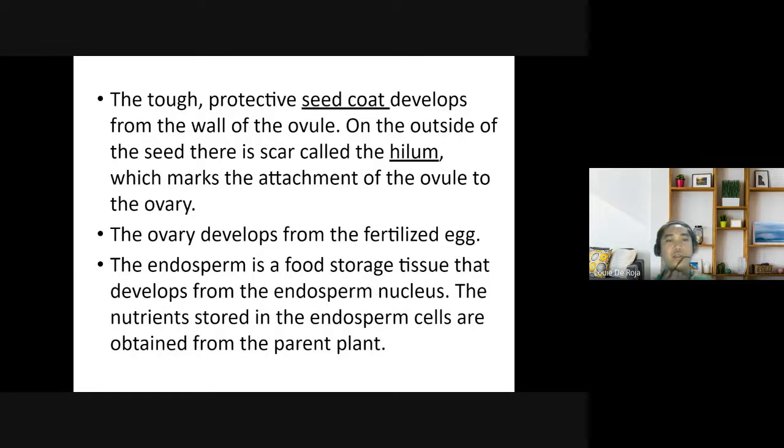The nutrients stored in the endosperm cells are obtained from the parent plant. Okay, so yun yung protective part ng fertilized egg, o yung seed, yung kanyang seed coat at saka yung endosperm.